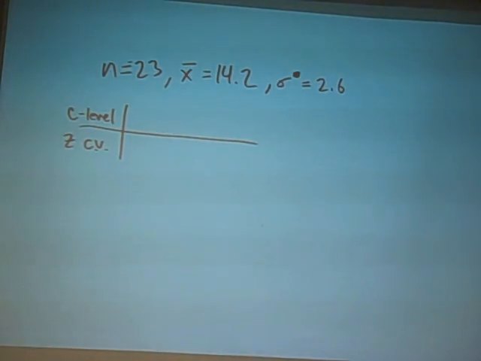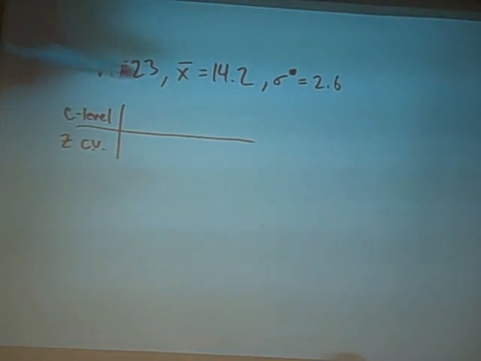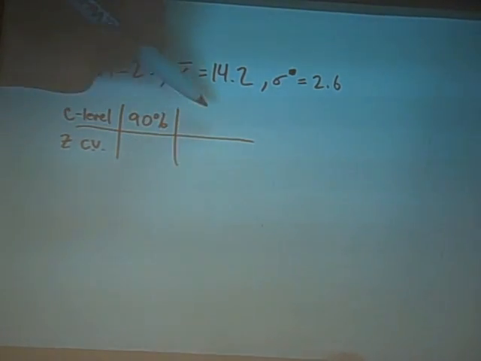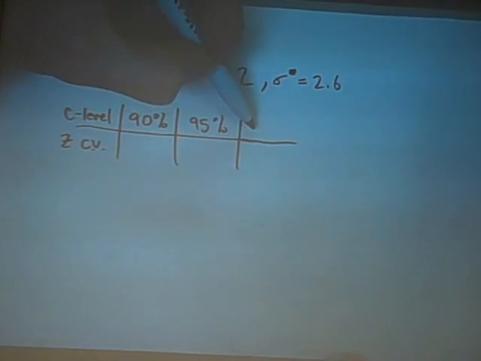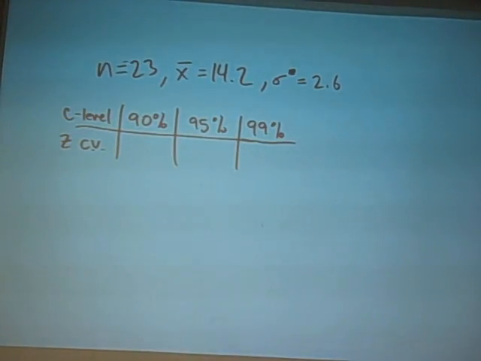For right now, I'll just give you a couple of these. The most common confidence levels are 90, 95, and 99%. Those are the ones that people use most frequently. 95, we've already talked about.